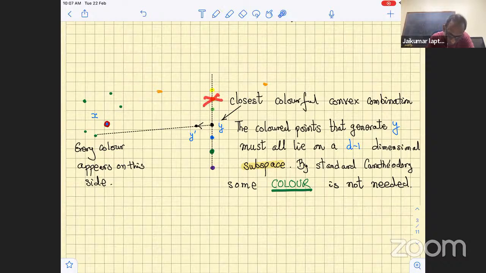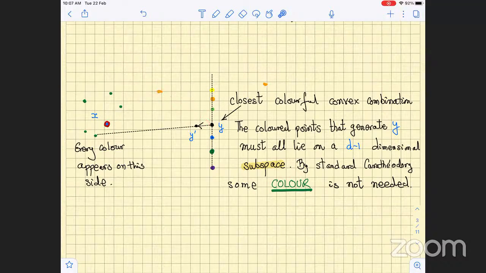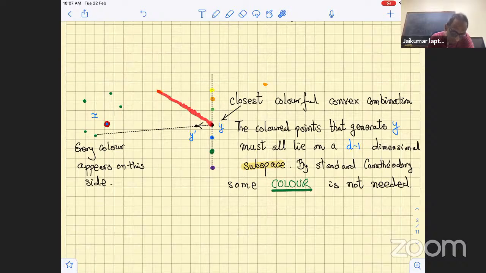Now, this orange point has a certain weightage. If I increase the weightage for this orange, the point will start moving in this direction, and then it will be closer to X than before. Maybe Y is here and the orange point is here.